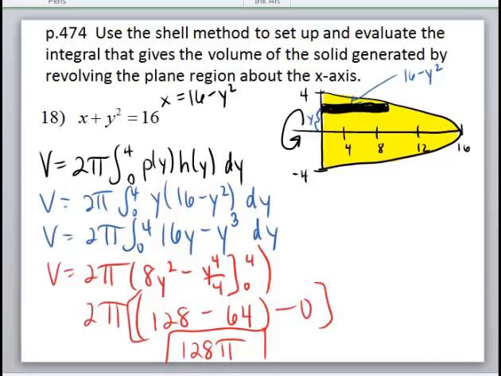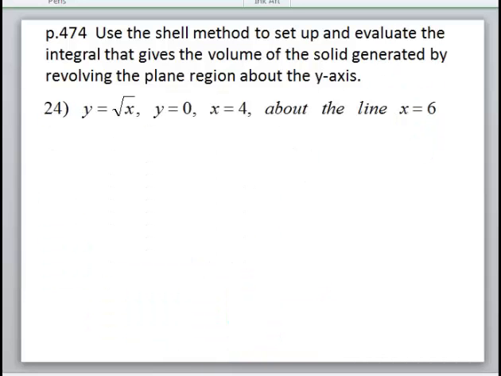My last example is telling me that I'm going to be rotating y equals square root of x about the x equals 6 line.